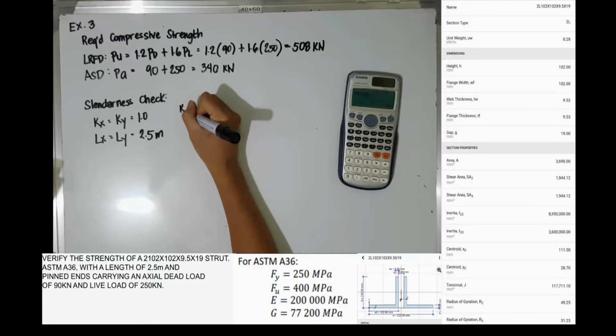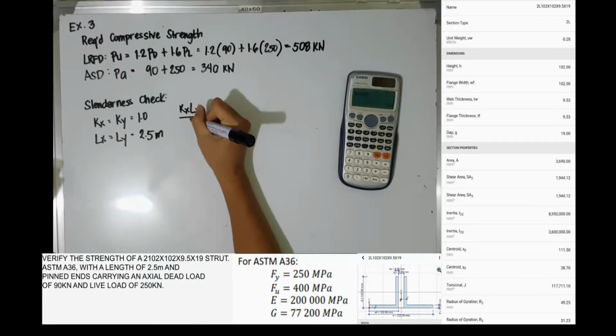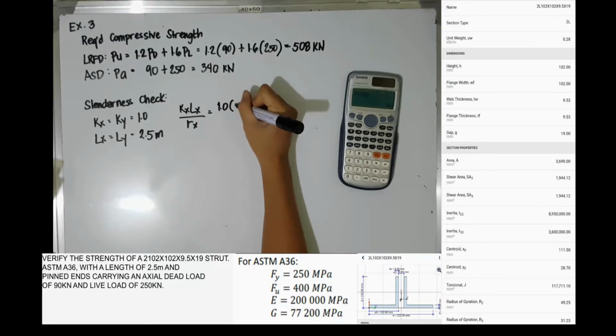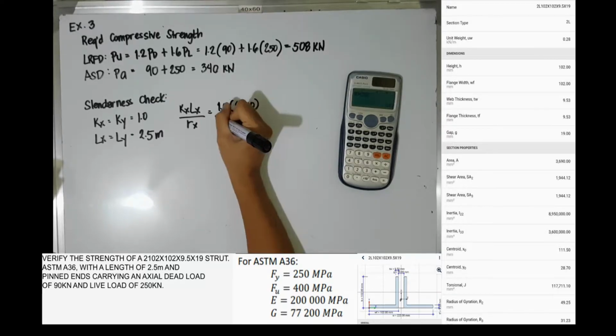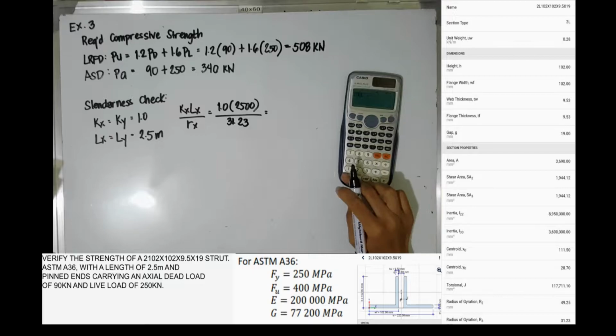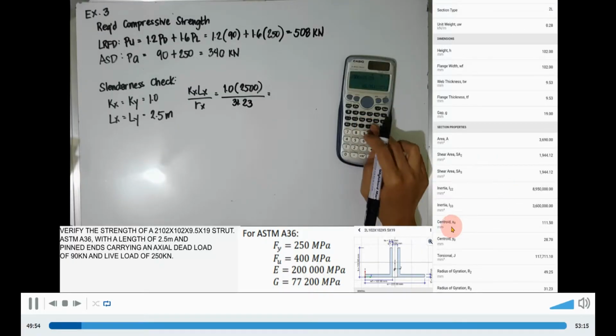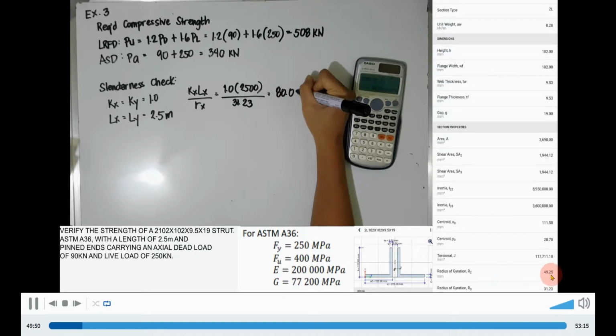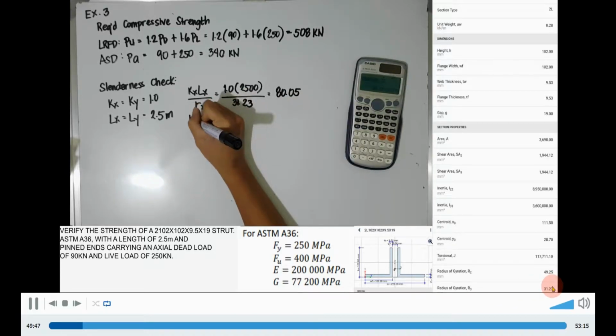So checking the slenderness about the x-axis, 1.0 multiplied by 2,500 millimeter divided by the radius of gyration at x. So this is the radius of gyration at x, 31.23.